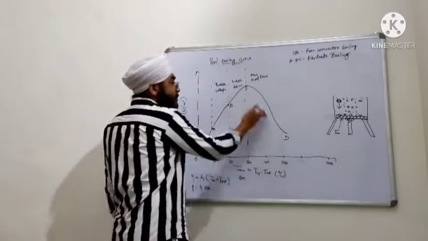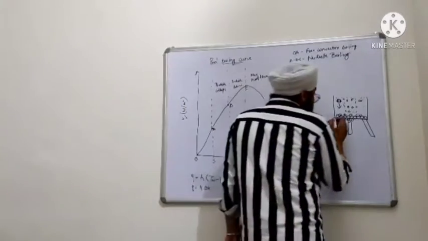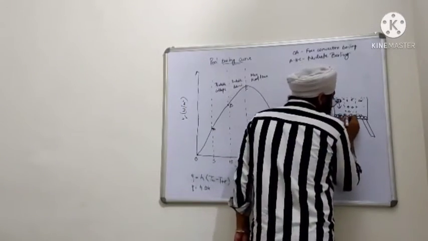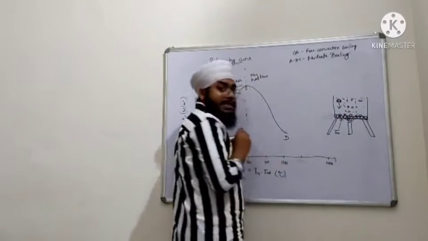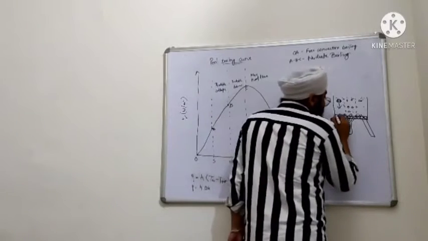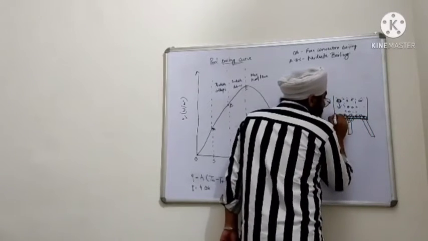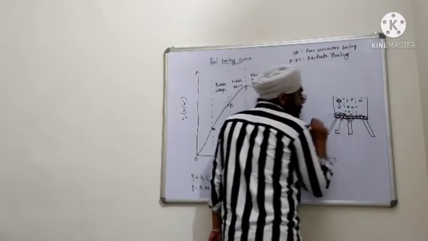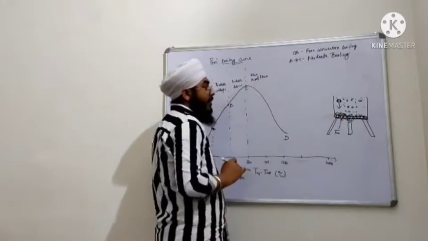But how does this explain the decline from C to D? Now, as we see, these bubbles are coming down and getting settled on the bottom. So what they do is they make a film-like structure. So they are making this structure, this film.